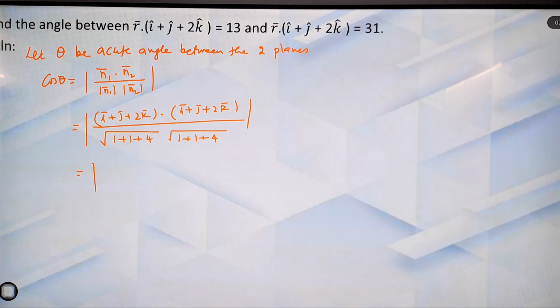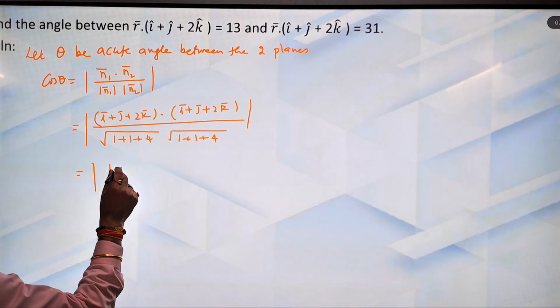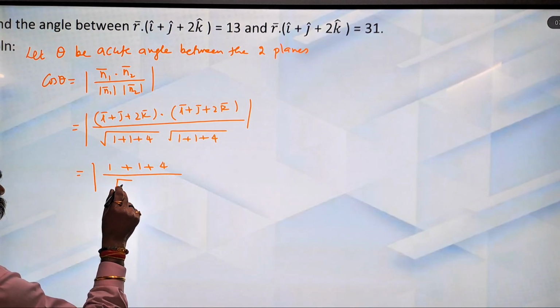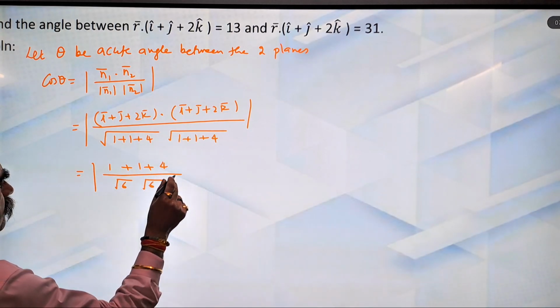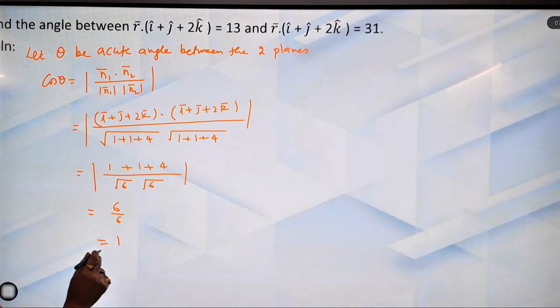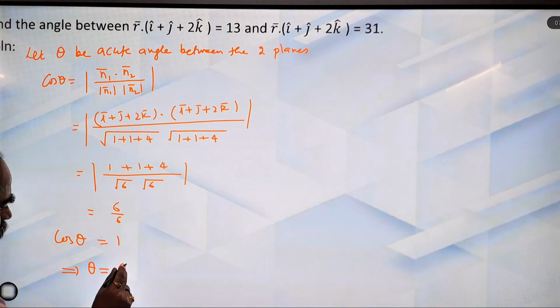There must be some correction in this problem, because if the normals are equal, the two planes will be parallel. Anyway, 6 upon 6 is equal to 1. Cos theta is 1, so theta will be 0 degrees.